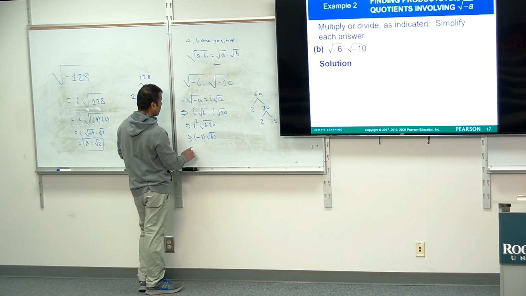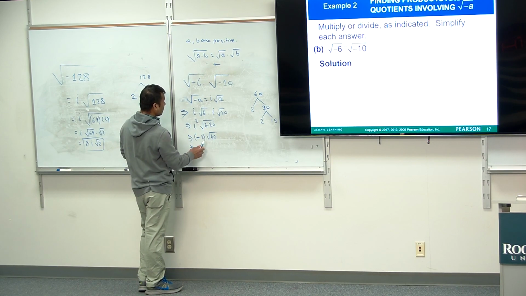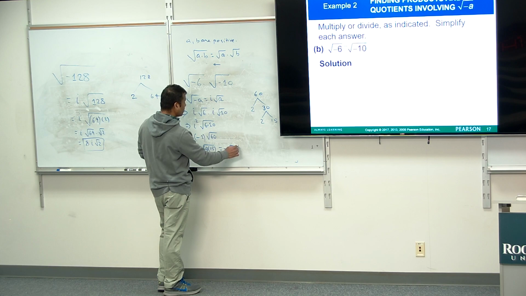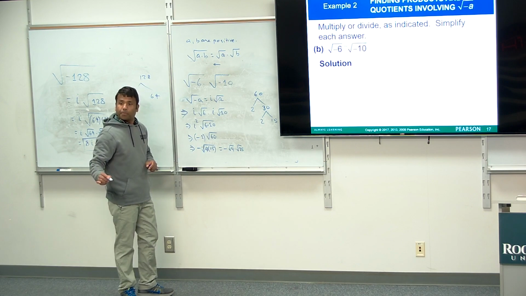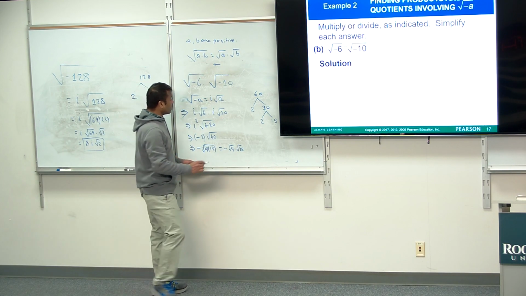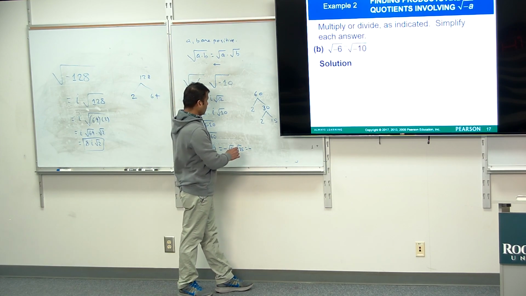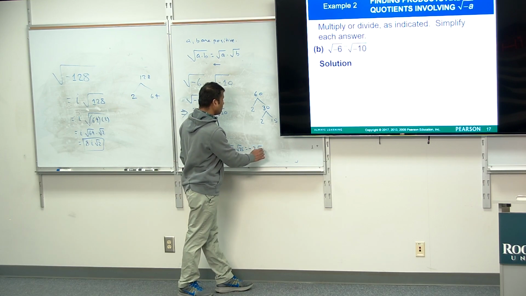So now it would be negative radical 4 times 15. Are you guys with me so far? This is equal to negative radical 4 times radical 15. Good? What is radical 4? 2. So it's negative 2 radical 15. This is the final answer.